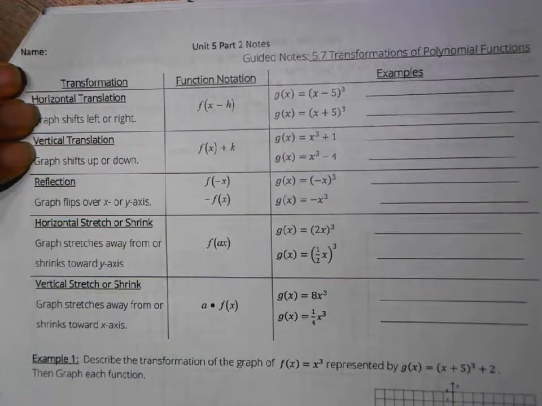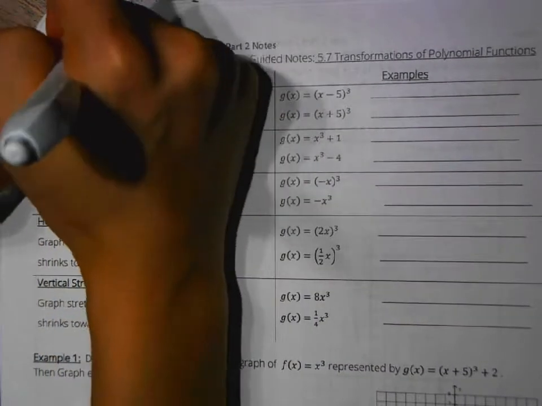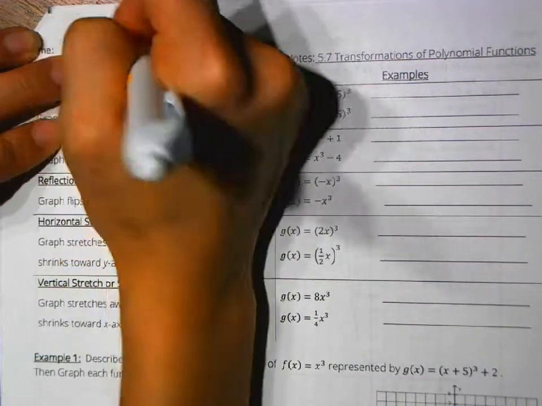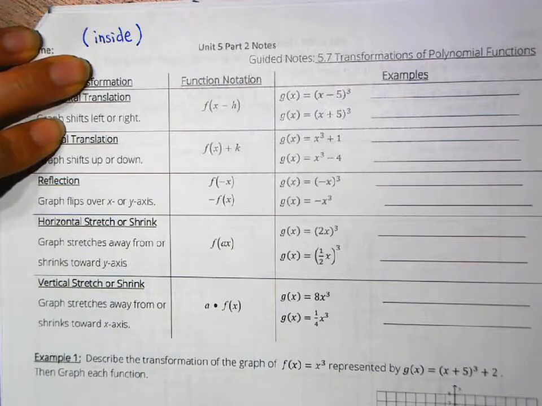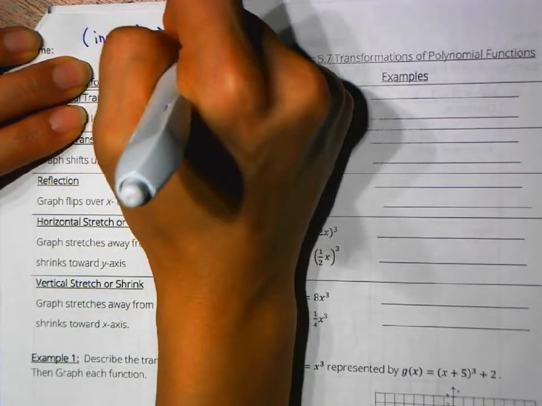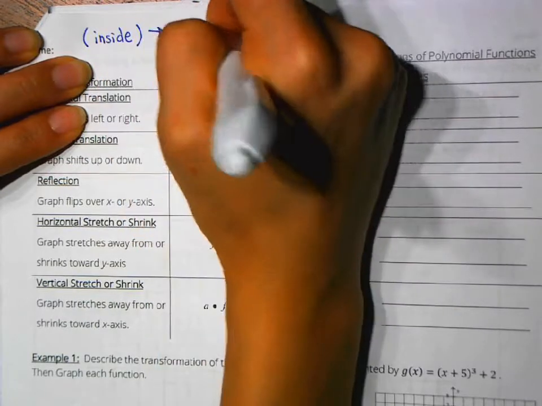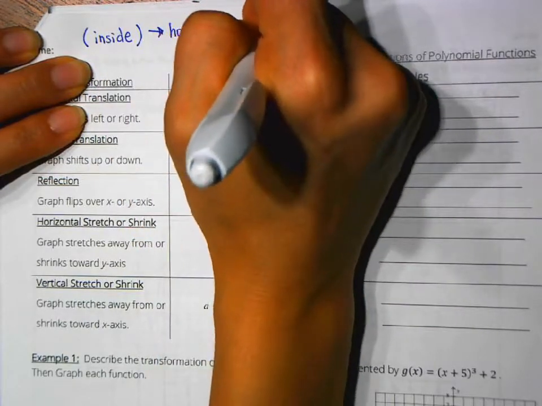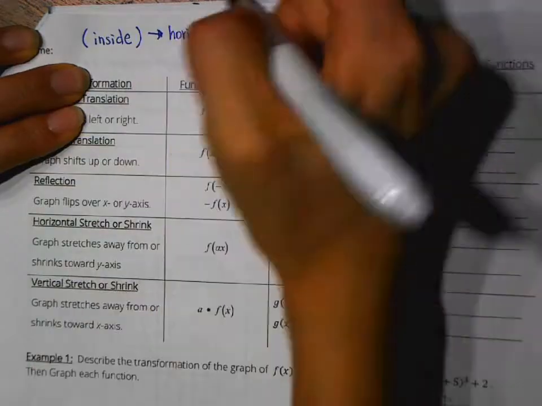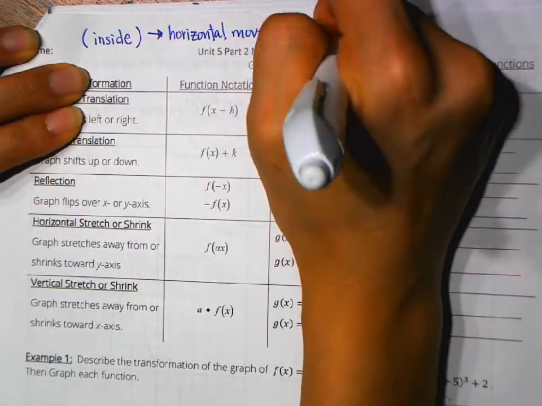When you're doing transformations, every number that happens on the inside of a grouping is going to be a horizontal movement, and it's not going to follow the sign. It's going to be opposite of the sign.